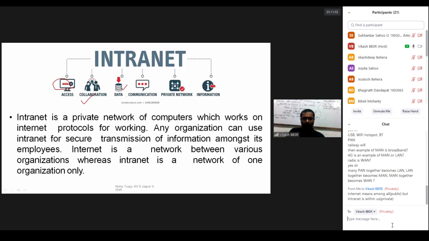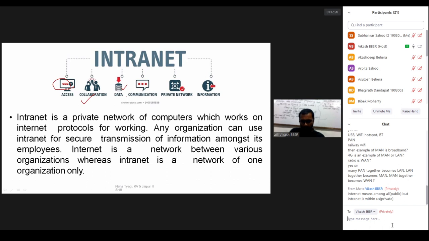No. What is going on in the finance department, are they sharing with us? No. All of it is private because defense system security is very high. They don't share to outside. So that is called the intranet.